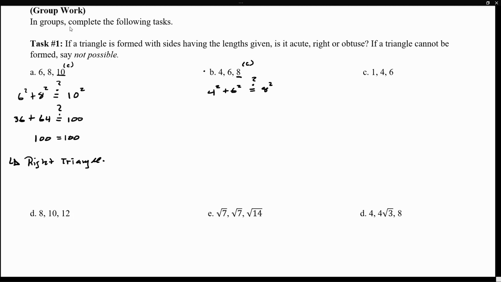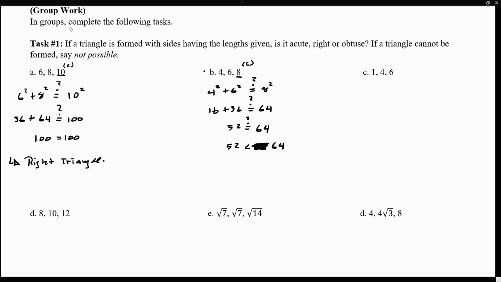4 squared is 16. 6 squared is 36. Now, is that equal to 64? If I add these two, that's 52. So notice that this is not true. 52 is not equal to 64, but I know that 52 is less than 64.